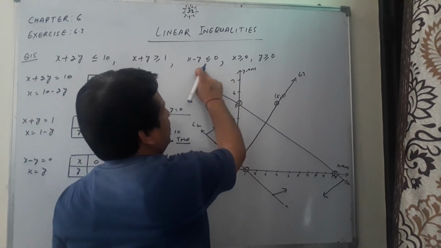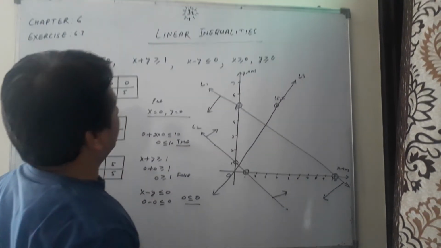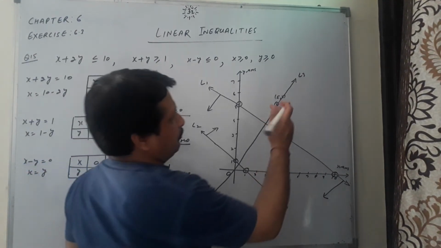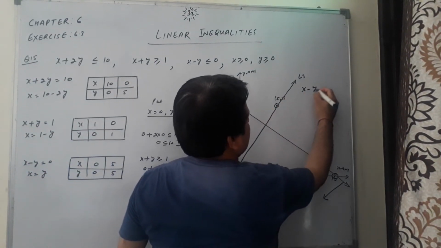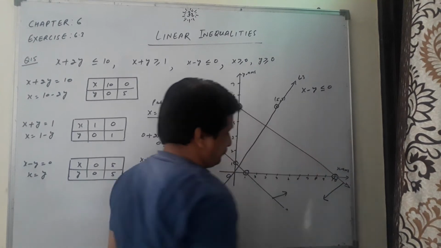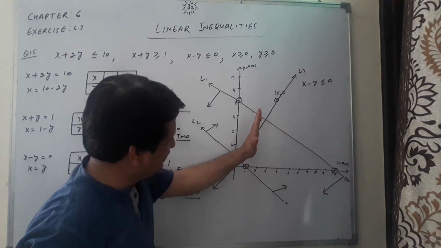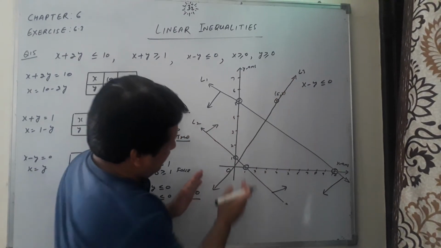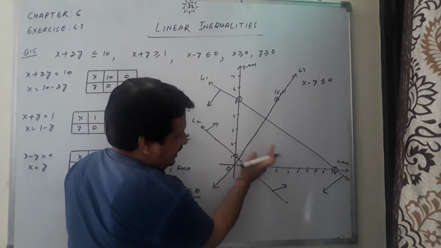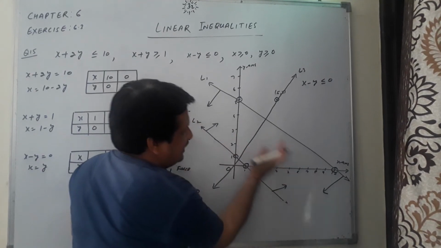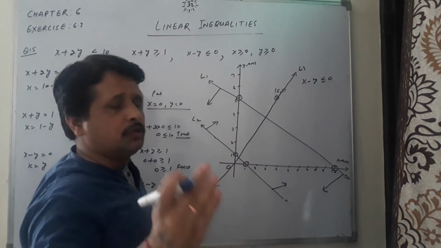So let us come, students. I am going to tell you here how to identify it. We have to check whether the shaded region is toward the x-axis or toward the y-axis.